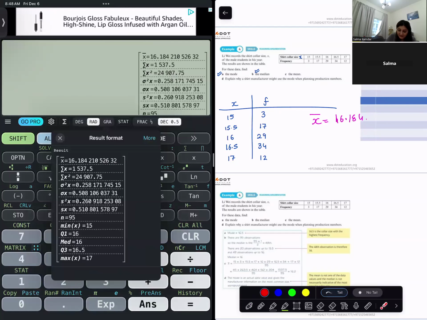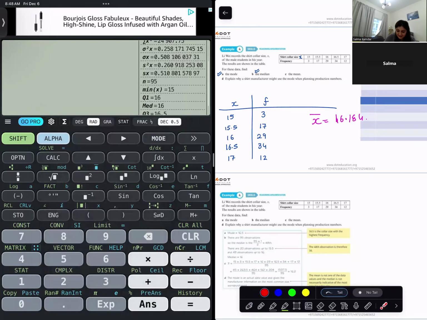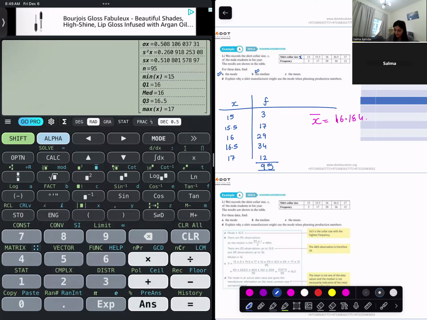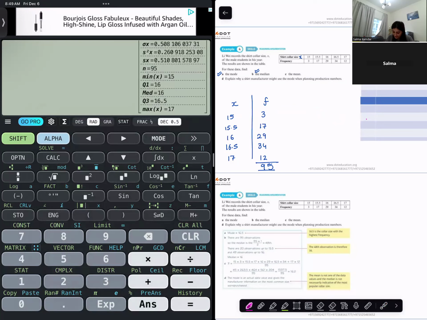Summation x square, all this data we are going to use later. The total number of observations will be the total of f, which is 95. Med means your second quartile, it means your median, which is 16. This is the information that we are going to deal with right now.